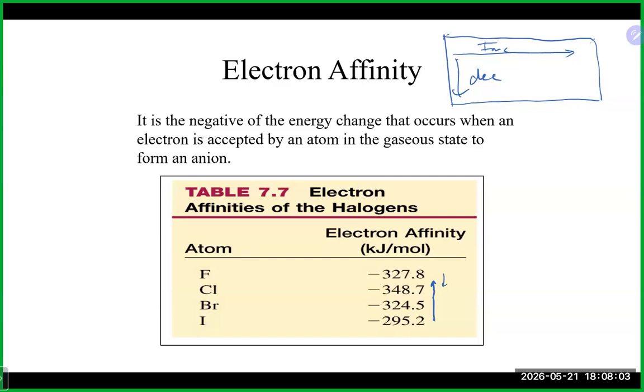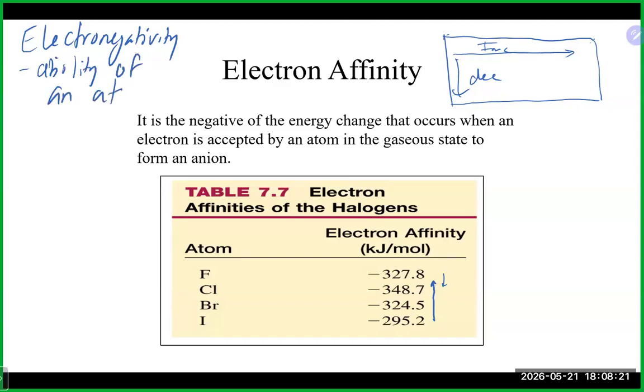Electron affinity should not be confused with the other thing that sounds similar, which people oftentimes confuse it with, which is electronegativity. And as you know, hopefully from bonding, electronegativity is the ability of an atom to bring electrons towards itself.